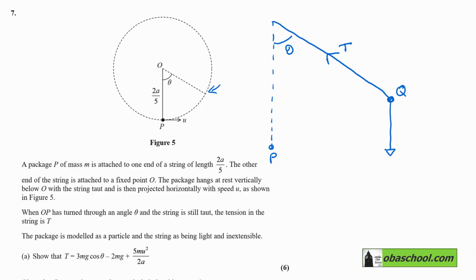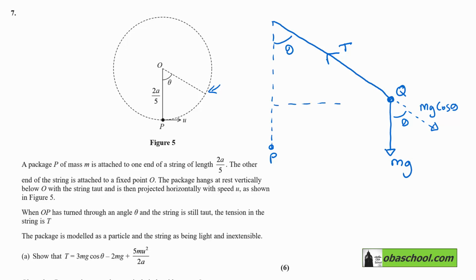The mass is m, so we've got weight mg acting this way. This angle will also be theta, and that means the component of the weight that acts that way is mg cos theta.